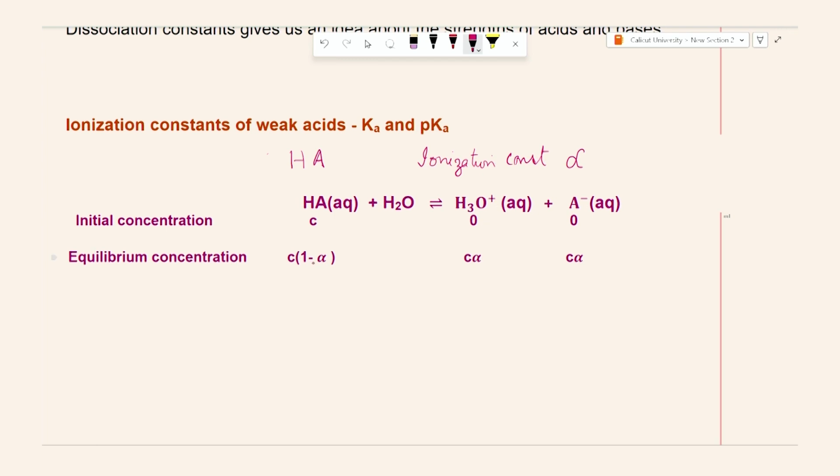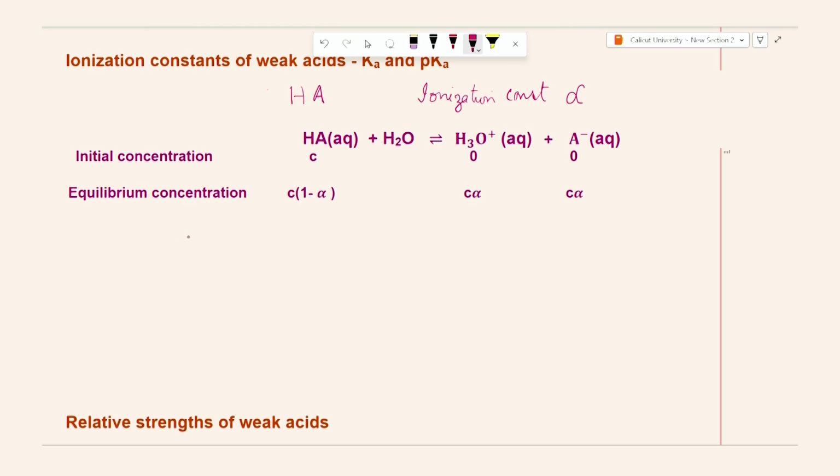For 1 mole, the remaining undissociated will be 1 minus alpha, and for C moles it is C multiplied by 1 minus alpha. If I start with 1 mole of HA, I will get 1 mole of H3O+ and 1 mole of A-. So, if I start with C moles and alpha is the degree of ionization, the H3O+ formed will be C alpha and A- is also C alpha.